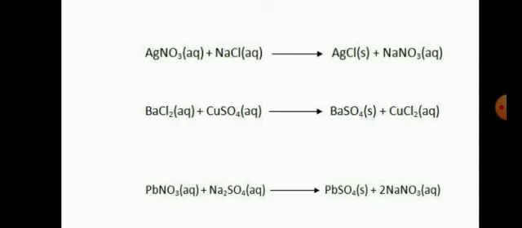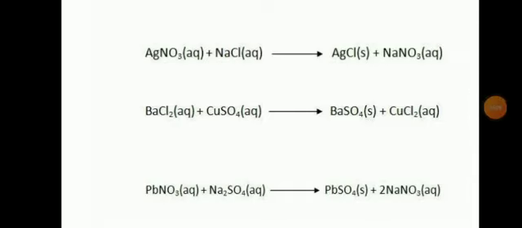Fine. So this is a second example of a double displacement reaction. As you can observe here, the ions exchange among their aqueous solutions or among their reactants or compounds. So here two times decomposition or displacement takes place, hence this reaction is called a double displacement reaction.